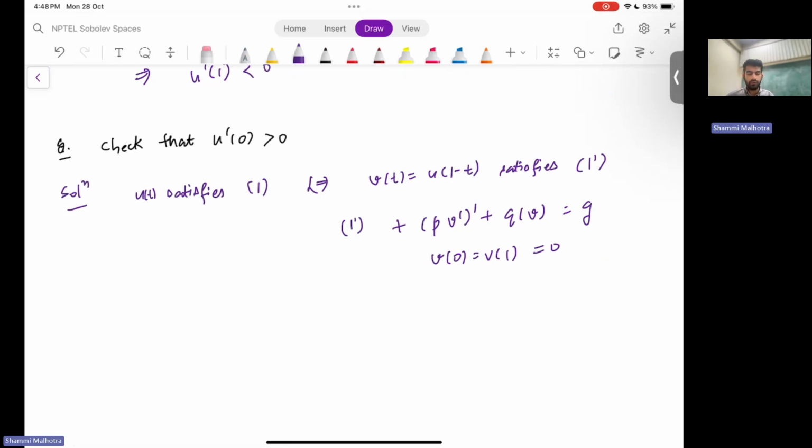So instead of u we did for phi, and we get that v1 will be again positive, and this will imply v dash 1 is strictly less than 0, and that will imply that u dash 0 is strictly positive. So we can do the same analysis. It's not a new idea, just using the same stuff.